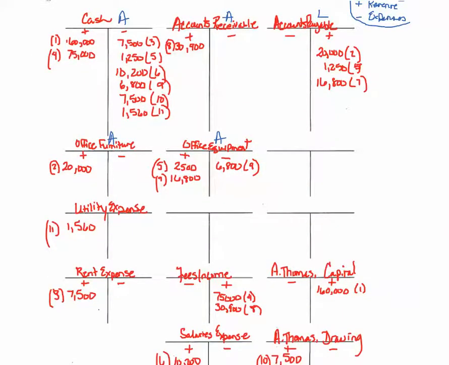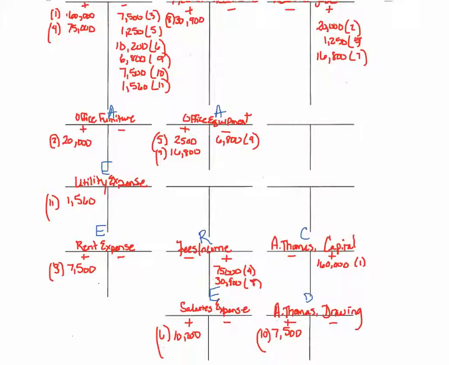Utilities expense is an expense. Rent expense is an expense. Fees income is revenue. Capital, and drawing, we could call it a capital account too, just to kind of help us organize our thoughts here.